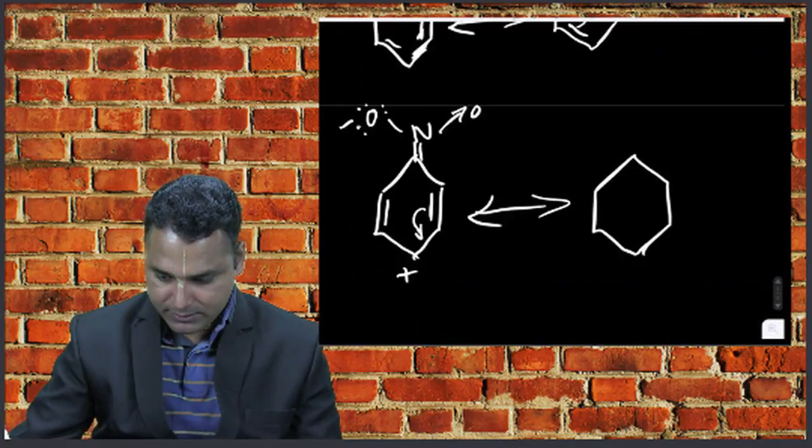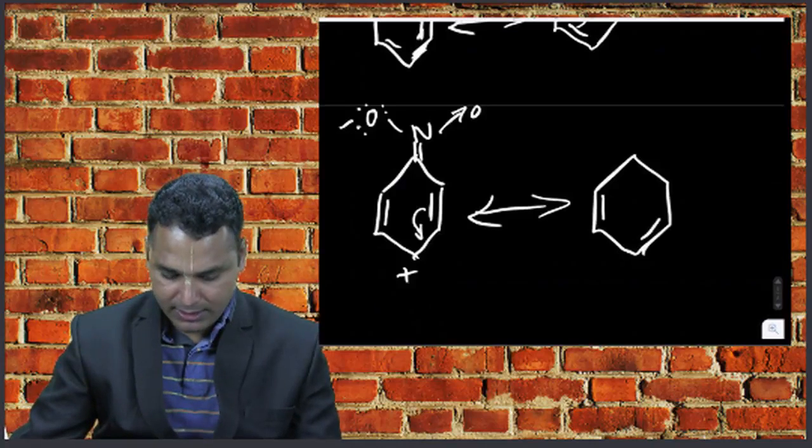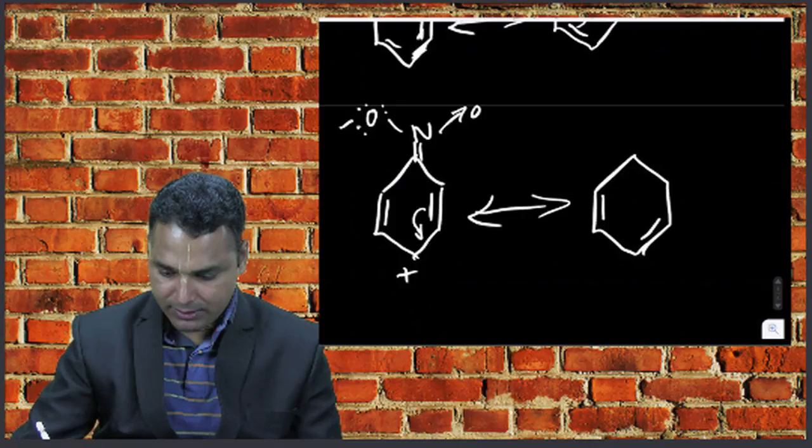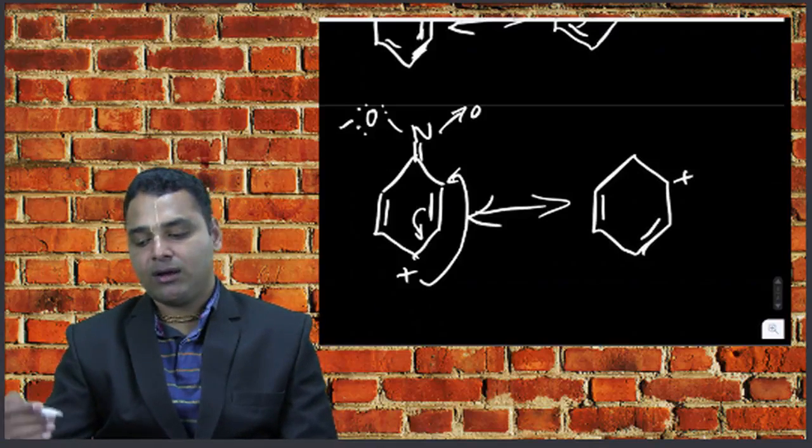Now this bond has shifted from the last resonating structure's position to this bond, and now the plus has shifted from here to here. And this double bond has shifted to the earlier single bond, now it has become double.